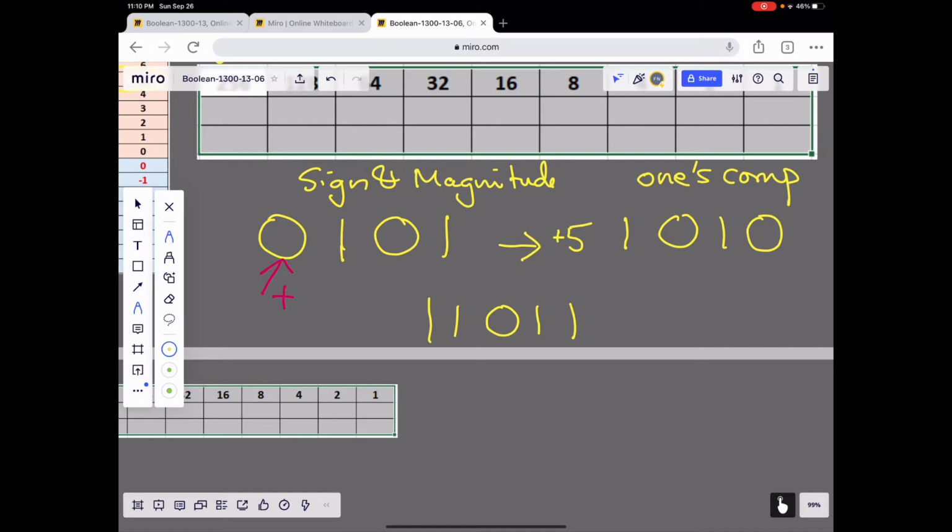This is the ones complement. Okay, so if you want to find the negative decimal number represented by 1010, you have to flip it back in order to find that decimal number.